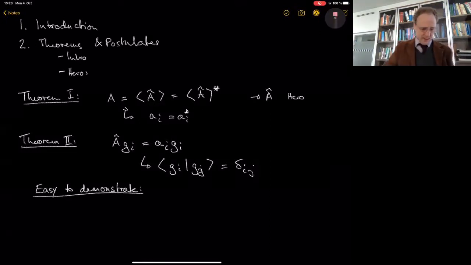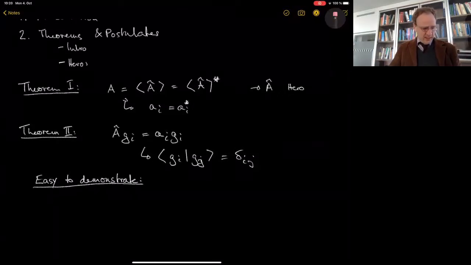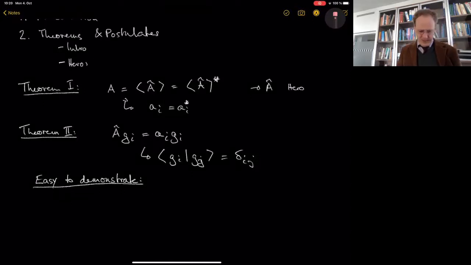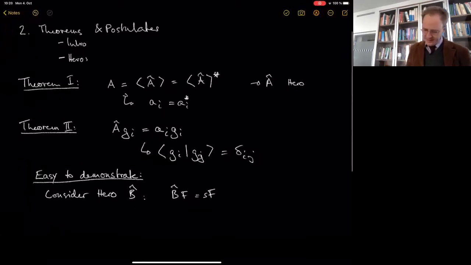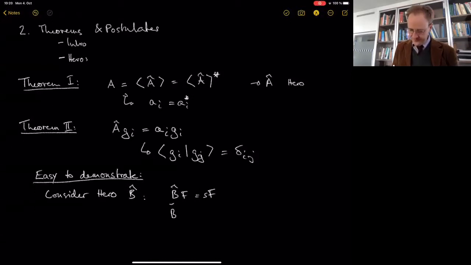So suppose you have a hero B. B acts on some eigenfunction f with eigenvalue s and f, and another function g with eigenvalue t and g.